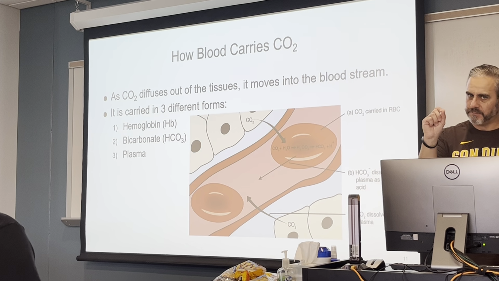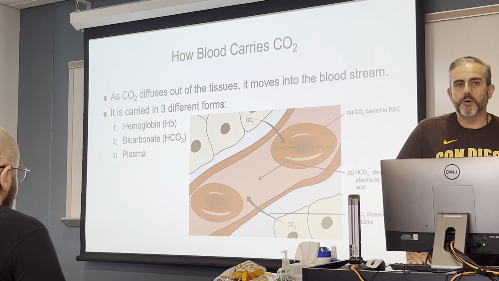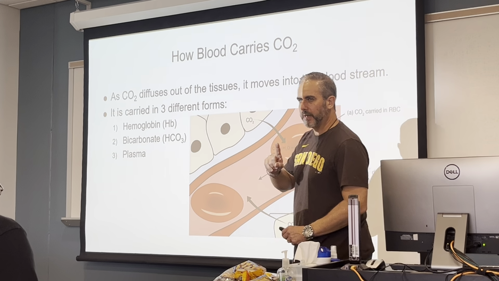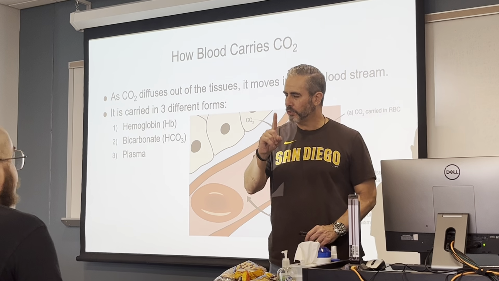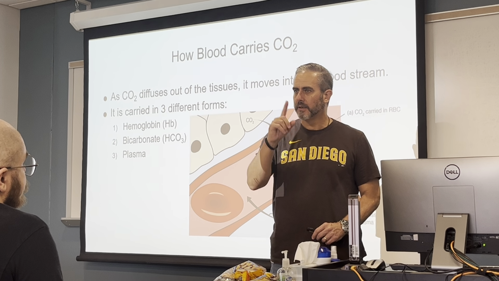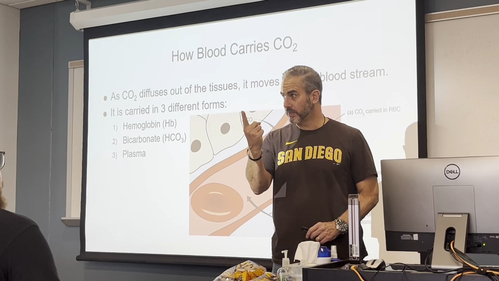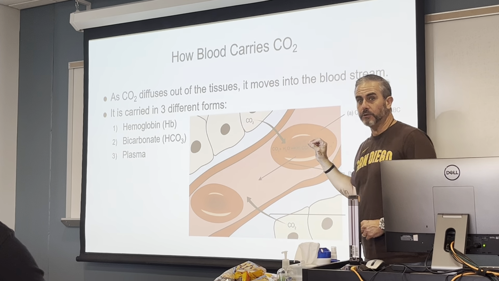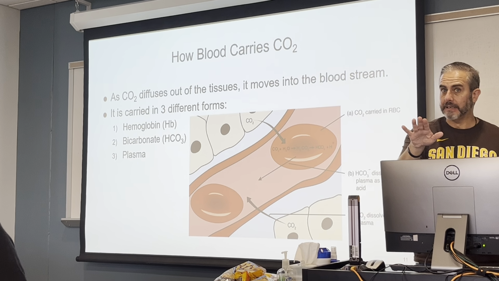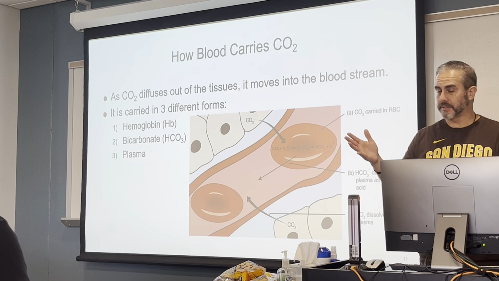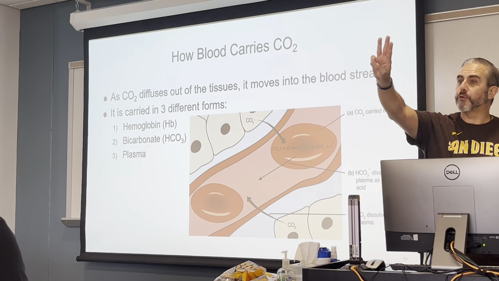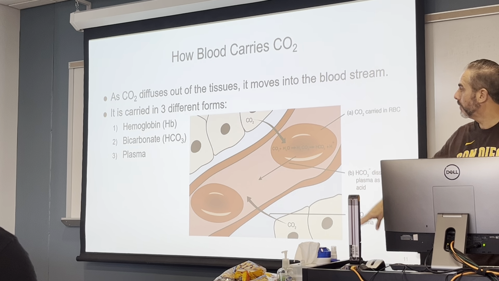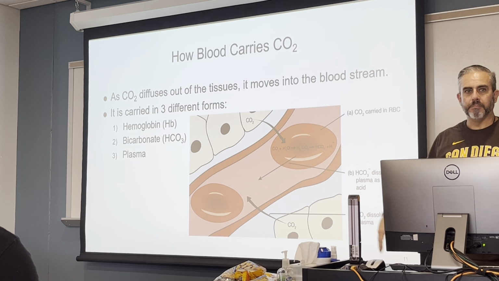Here's how specifically in the blood CO2 is transported. Again, before I get into it, just a reminder, oxygen's transported in what two ways? Bound to hemoglobin, that's most of it, and dissolved in blood plasma. That's oxygen. CO2, a lot of similarity, but there is a little bit of difference. It's carried three ways in the body. One, bound with hemoglobin.